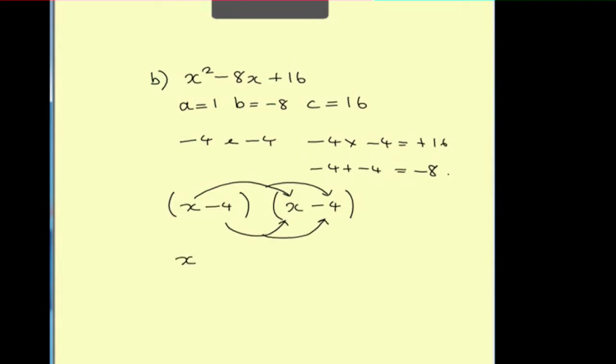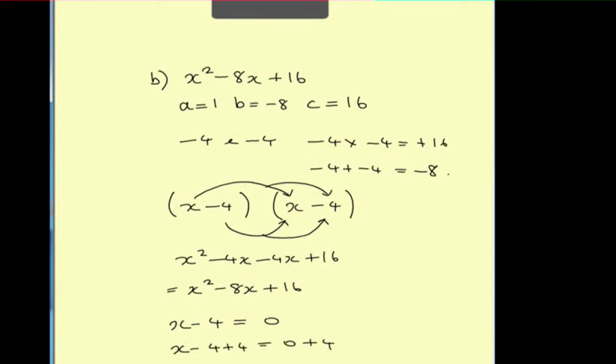We get x squared minus 4x minus 4x plus 16, which equals x squared minus 8x plus 16. So the final step is just to equate to 0. So there we're going to get x equals 4. Again, it's a double root.